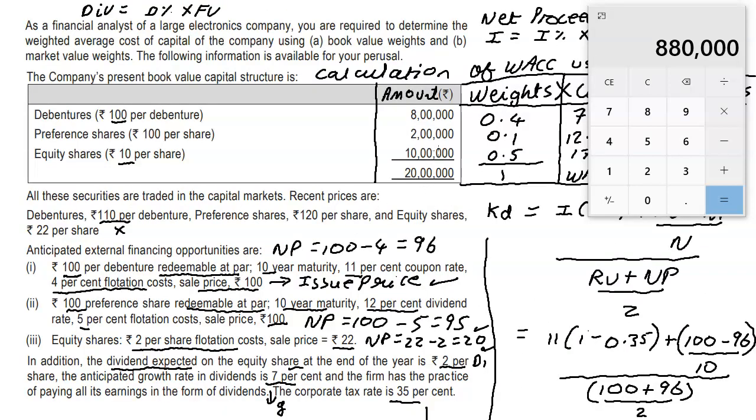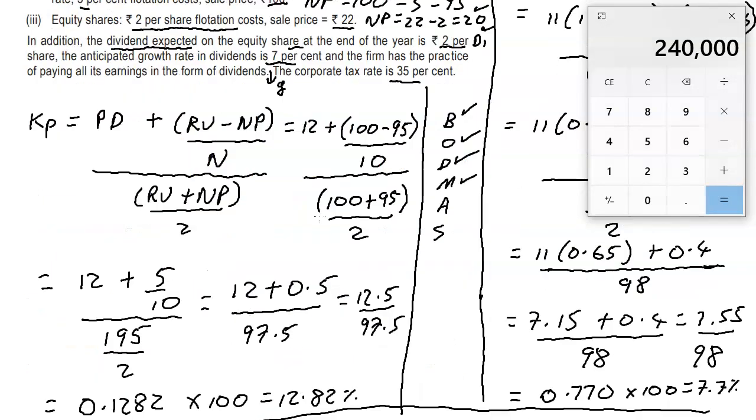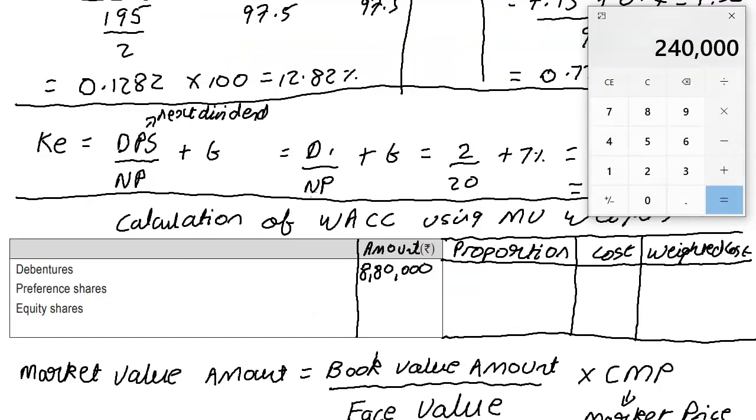Now, what about preference shares? I'm going to follow the same logic. So that means it's going to be this divided by this multiplied by this. Okay, so we have 2 lakhs upon 100 and multiplied by 120. So we have 2,40,000.